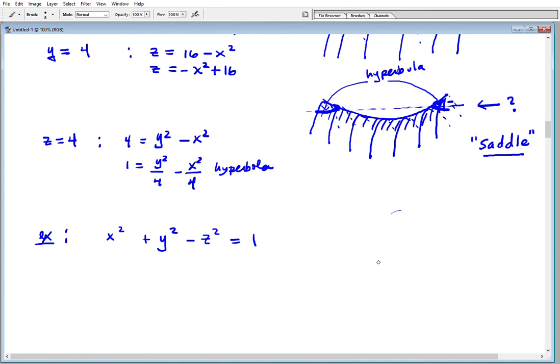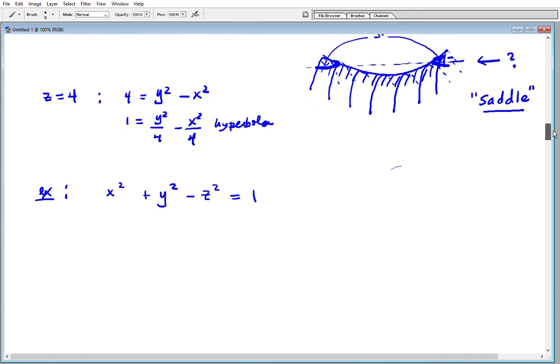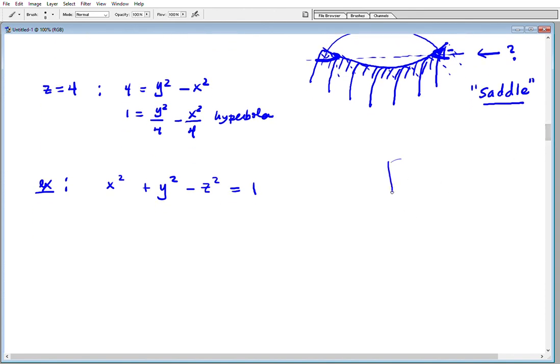Okay, so there's one. Again, we understand what it looks like from traces. I'll start with traces in the xy plane.